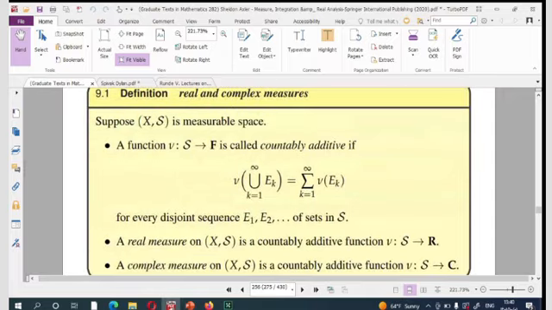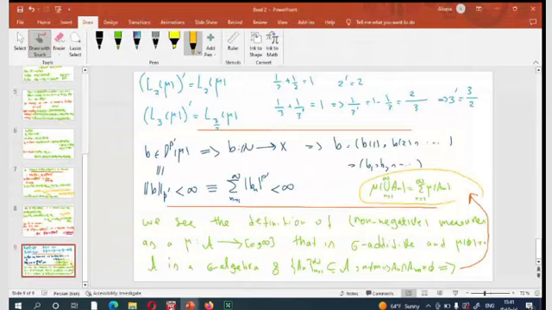So we have this definition: real and complex measures. Suppose X and S is a measurable space. A function such as nu from S to F is called countably additive if we have this equality for every disjoint sequence in S. So we have this equality for any disjoint sequence in our sigma algebra, S for example.